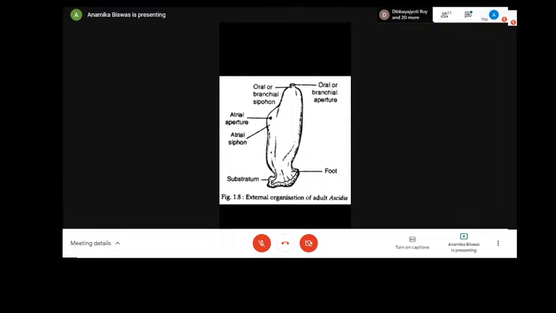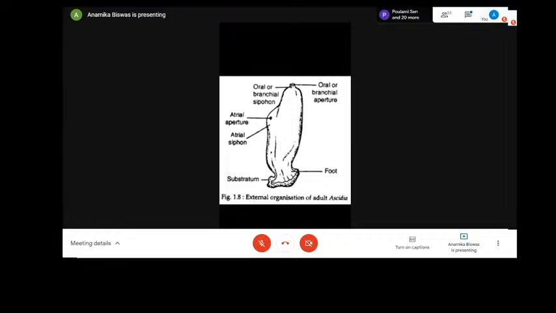In case of Ascidia, their coelom is absent. The digestive tract is complete, that means mouth and anus are present in their body. The respiratory system has numerous gill slits in the pharyngeal wall, and their circulatory system is open and has a simple tubular heart.